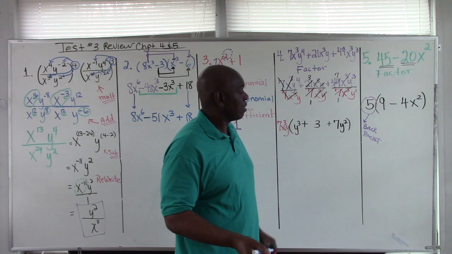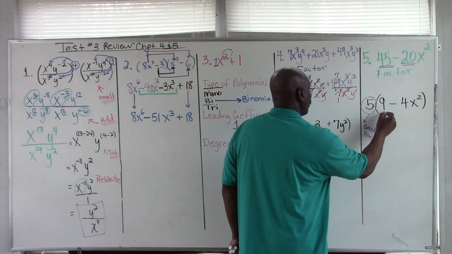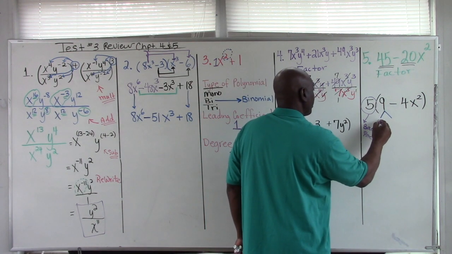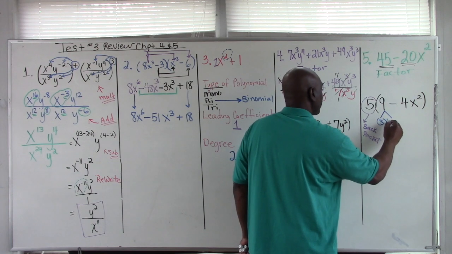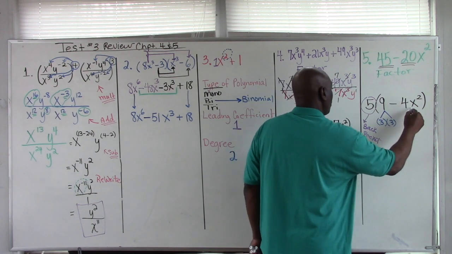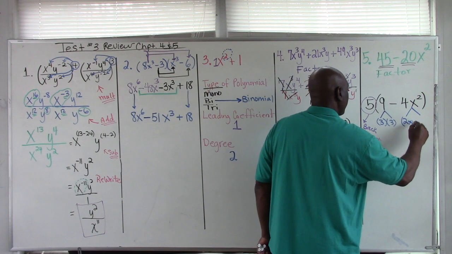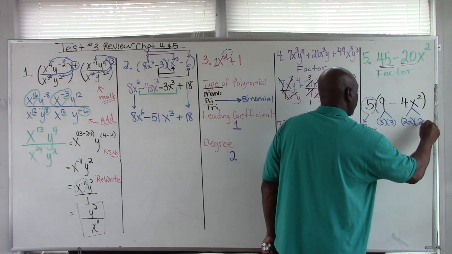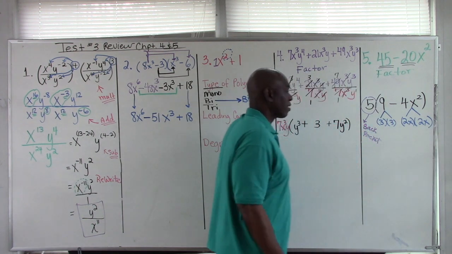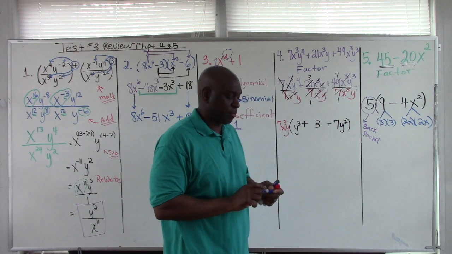Now, the 9. You know that 9 is a perfect square. 9 is 3 times 3. You know 4x squared is perfect. That is 2x times 2x. Let's put it all together now.